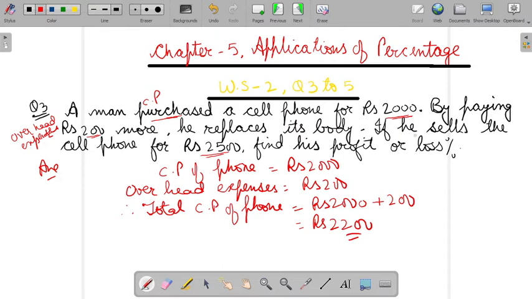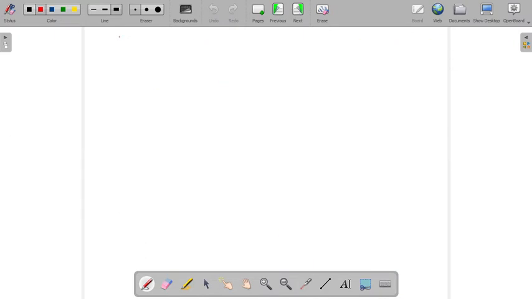Now further, if he sells the phone for rupees 2500, so 2500 would be what? Selling price. Selling price of phone equals rupees 2500.